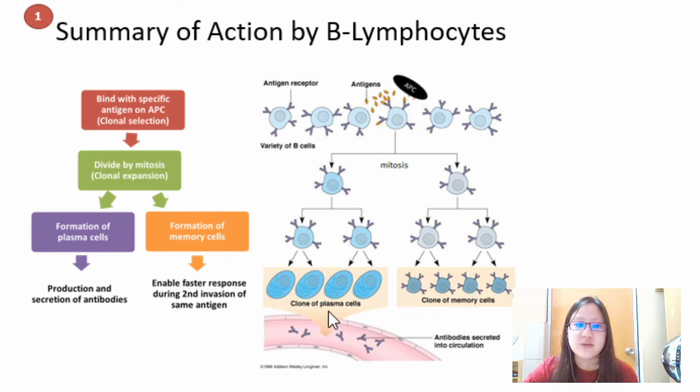And then there is differentiation into plasma cells, which produce and secrete antibodies into the bloodstream. And also, there will be the formation of memory cells, which enable the faster response during the second invasion of the same antigen. And that's it. That is the summary of action by B lymphocytes.